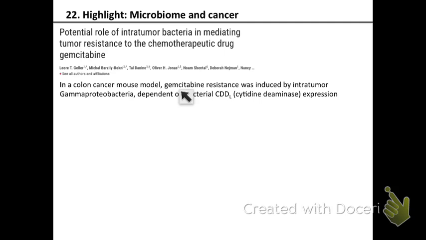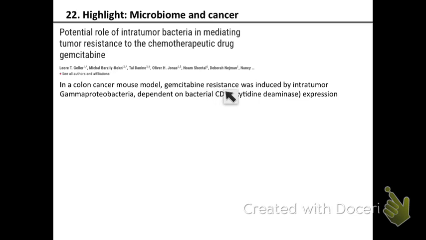So basically there was gemcitabine resistance. And they were trying to figure out why this was, because there are humans with this resistance as well. So they wanted to figure out where this resistance comes from.